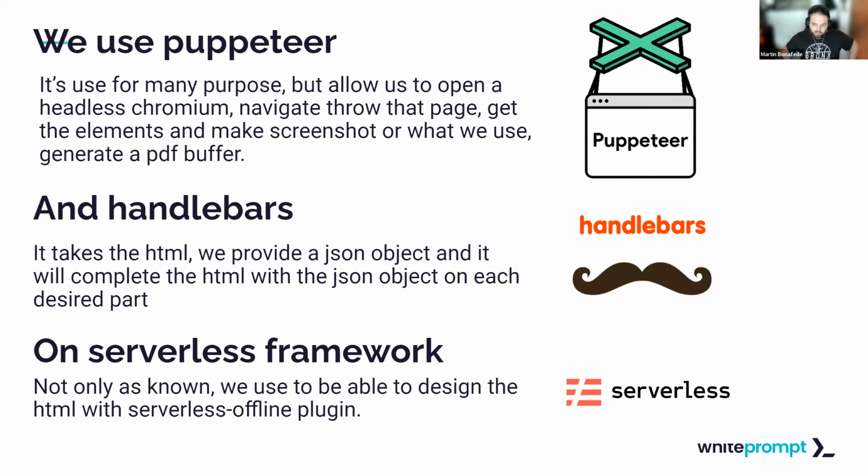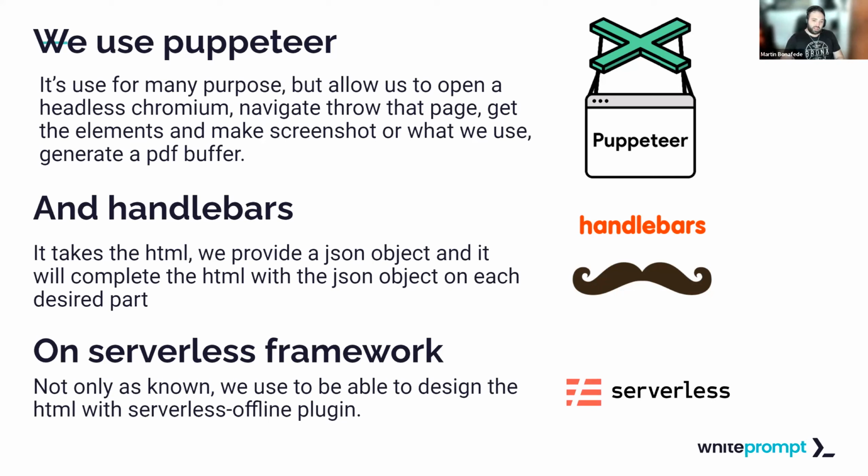We use Puppeteer. If someone knows Puppeteer, it is used for many purposes, but basically it opens a Chromium that you don't see. It's a Chromium on a service. It's headless, so you can work with it, load a page, load HTML code, navigate on it, but it will all be in the background. You will not see or load anything on the UI.